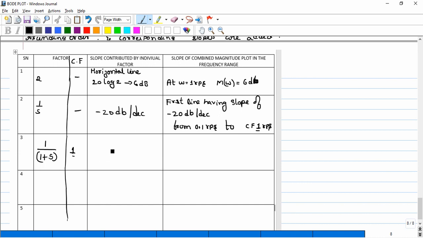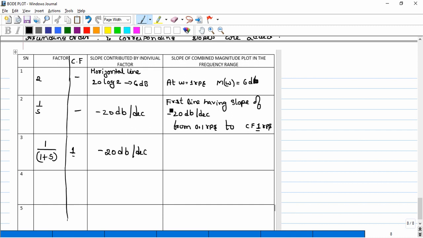And let us consider the slope. See, for this particular factor 1 by 1 plus s, again the slope will be minus 20 dB per decade. And here what is the value? See, if you see the title, slope of combined magnitude plot in the frequency range.